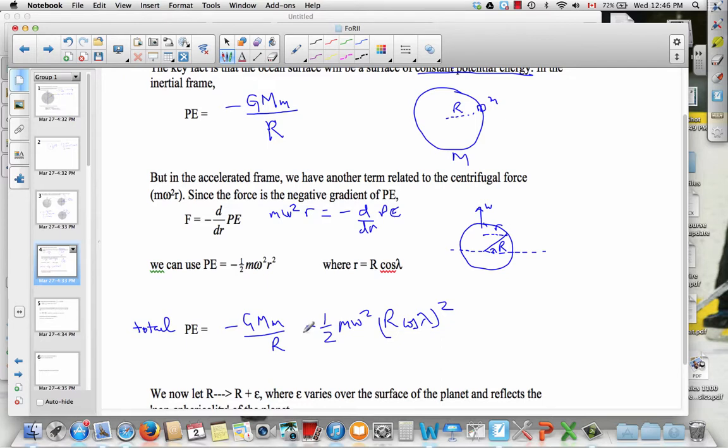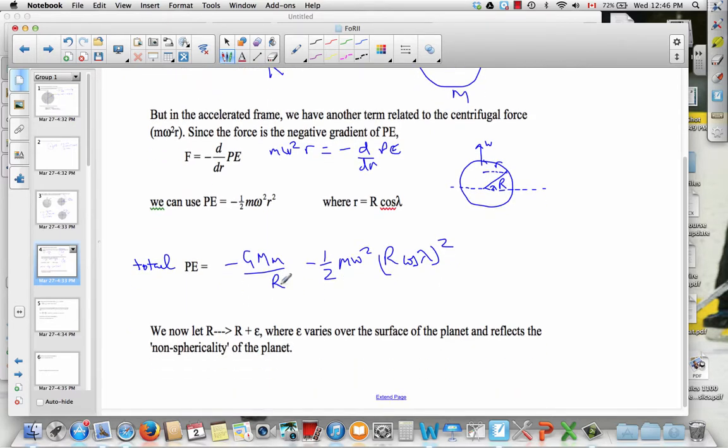Okay, now we're going to say that R is actually not a constant, and it varies a little bit over the surface of the planet. We'll break it up into a constant part and then a variable part. So we'll replace that in here, and we'll get the following expression then for the potential energy.